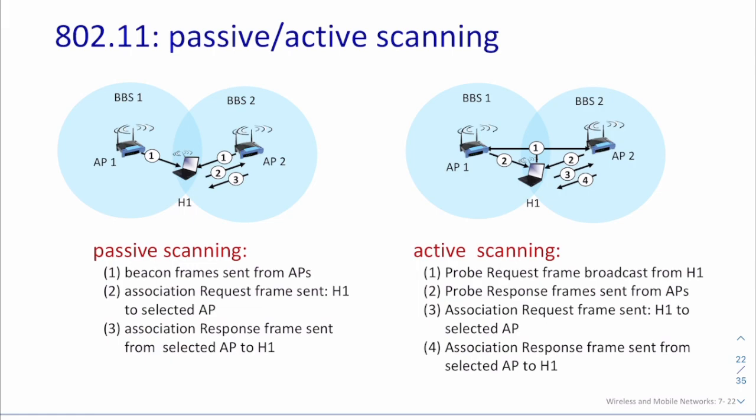So sometimes the arriving host can send a probe request frame, broadcast to a specific SSID. So if your access point is indeed configured using the same SSID name, then the access point can reply with the probe response frame to the host, and then the host can associate with the access point.